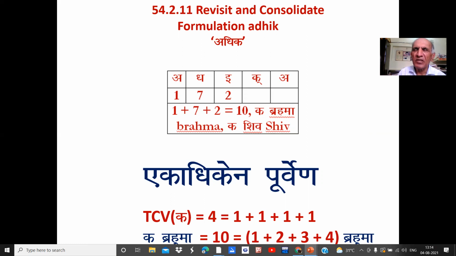Like that, each and every formulation, each and every sub-formulation of each and every sutra, each and every sutra is a reservoir of different ranges of values. These mathematical domains are inward unfolding mathematical domains, domains within domains.